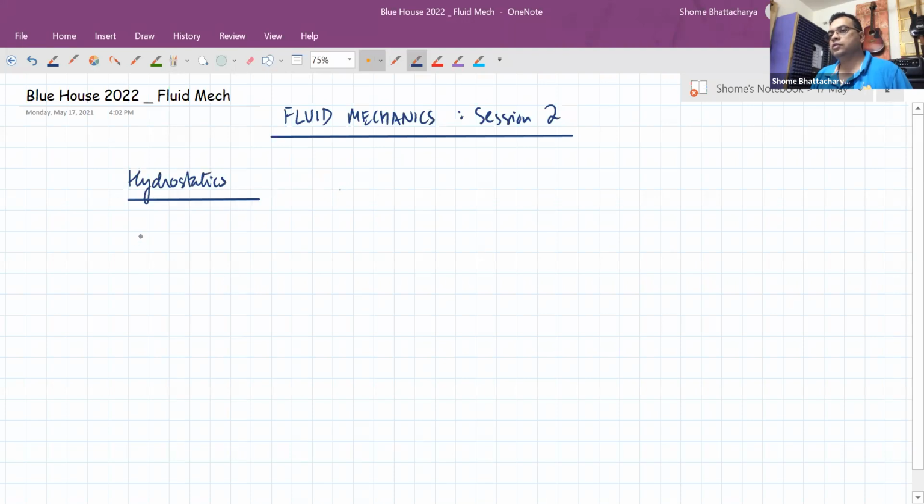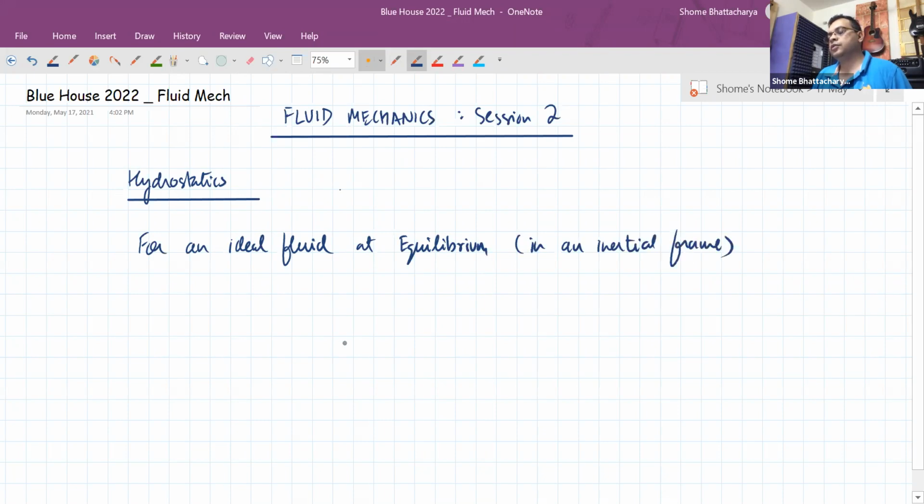What we've seen is that for an ideal fluid at equilibrium in an inertial frame, the vertical pressure gradient is minus rho g, whereas the horizontal pressure gradient is 0.